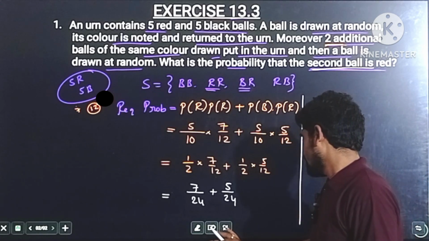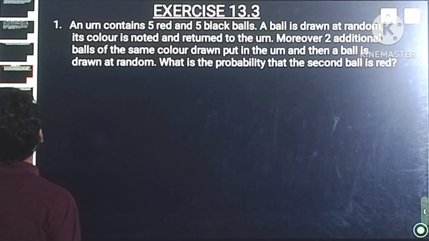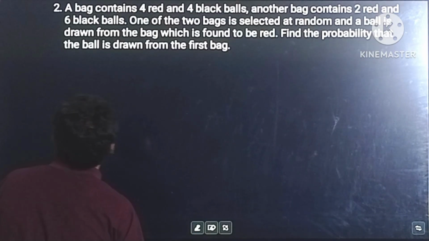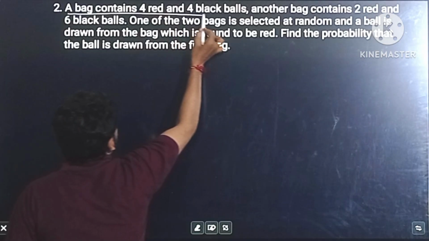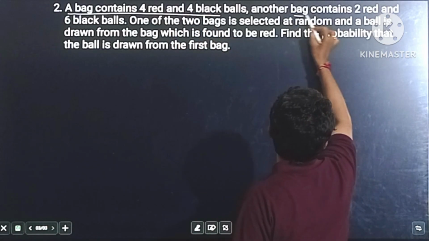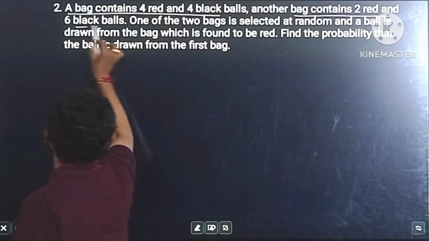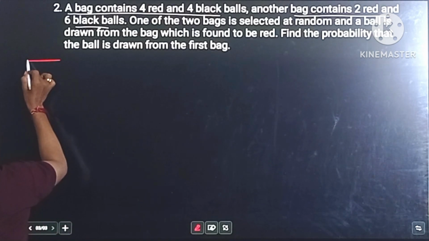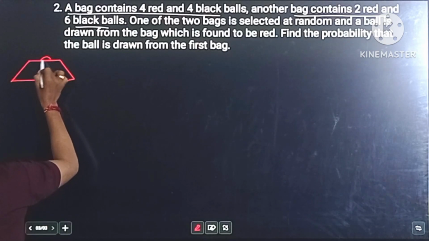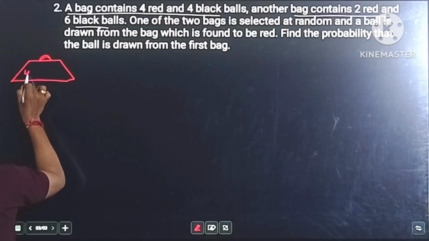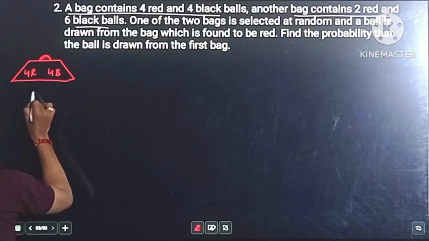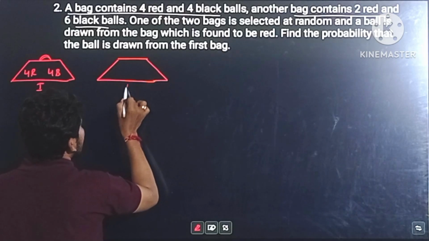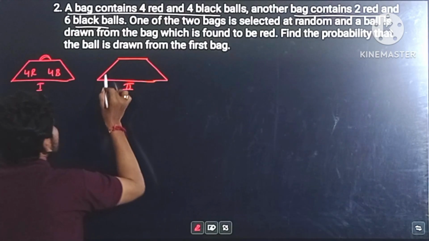Now let's start the next question, based on Bayes theorem. The question is: a bag contains 4 red and 4 black balls, and another bag contains 2 red and 6 black balls. So here we have 2 bags: the first bag consists of 4 red and 4 black balls, and the second bag consists of 2 red and 6 black balls.